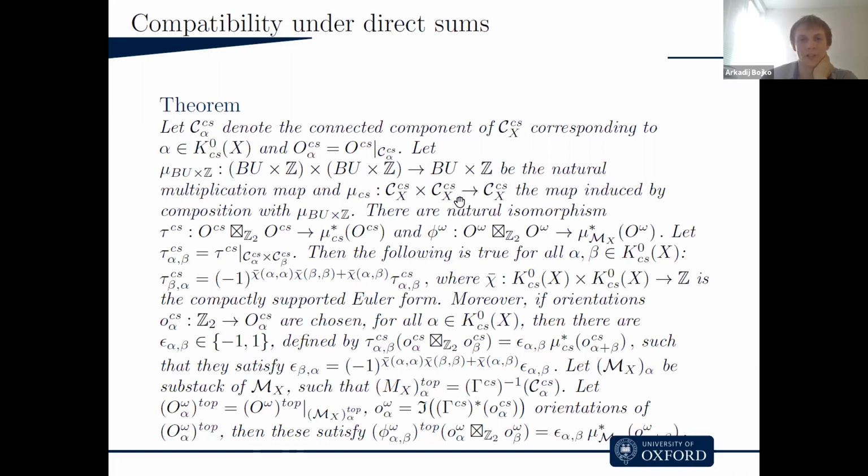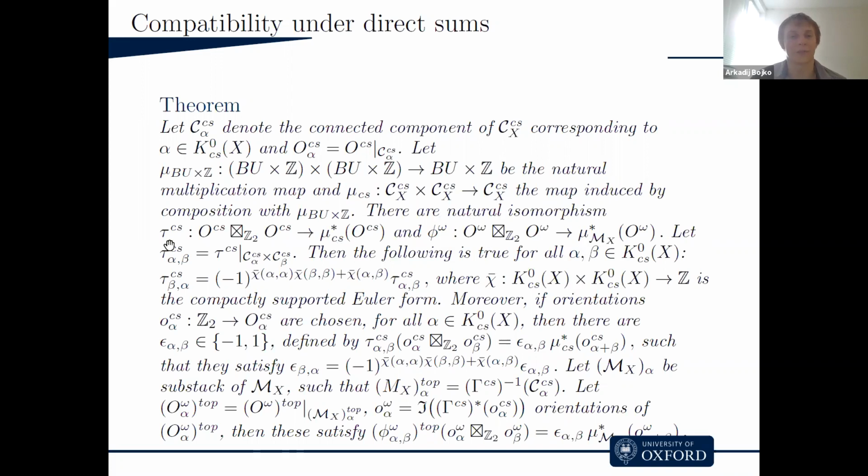from the compactly supported K theory space, a summation map on the compactly supported K theory space. And I also obtain this isomorphism tau compactly supported, which gives this O compactly supported Z2 bundle the structure of a strong H principal Z2 bundle. And I also had already discussed that there is this isomorphism phi omega, which turns my orientation bundle into a strong H principal Z2 bundle, now that it is trivializable.